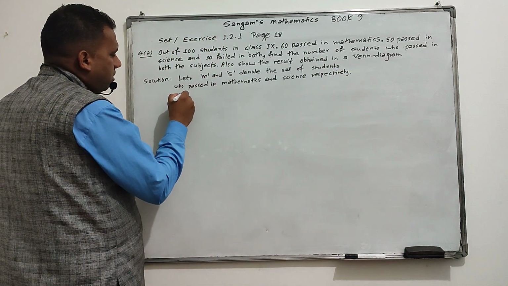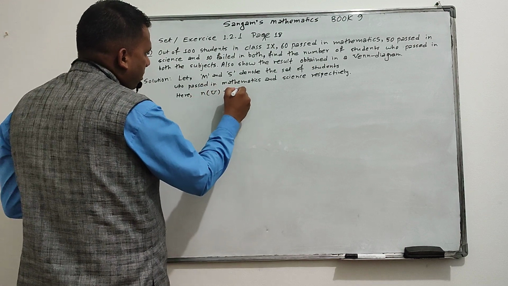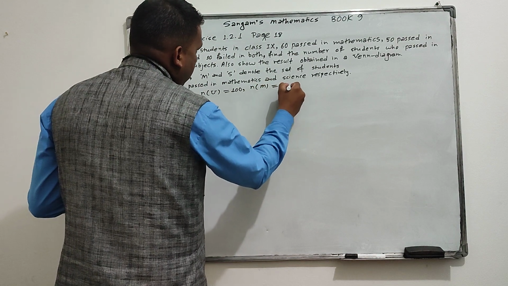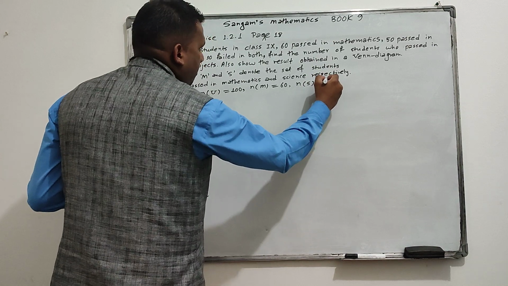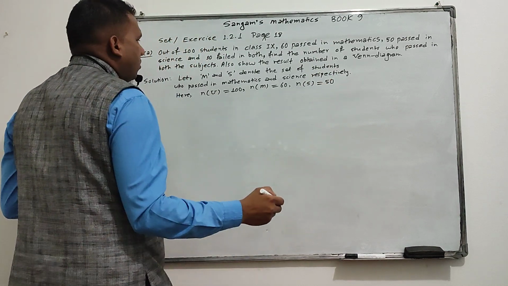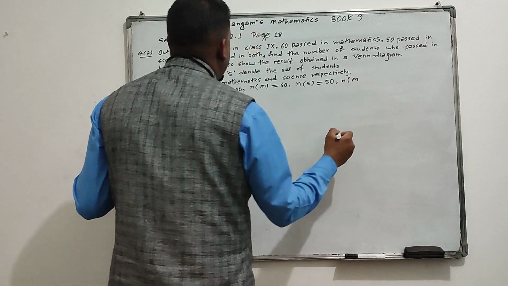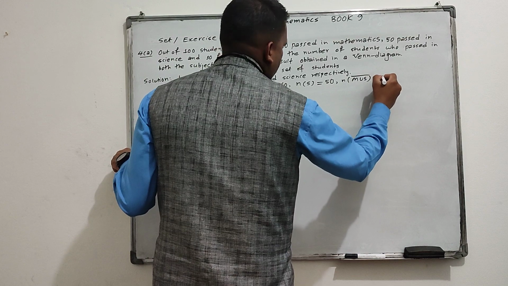Here, n(U) is 100, n(M) is 60, n(S) is 50. Similarly, n((M union S) complement) is 10.